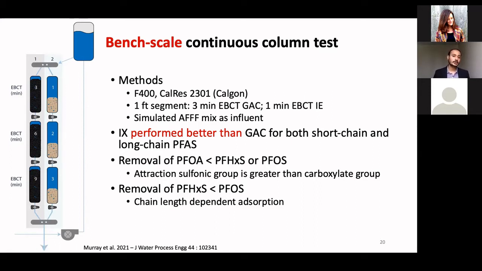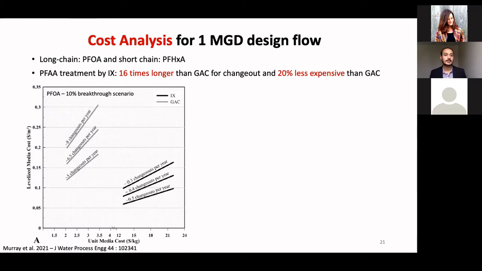And similar to the other studies, the removal of PFOA was less than PFHxS and PFOS, suggesting that the sulfonic acid had greater affinity for removal in ion exchange resin. And again, the removal of PFHxS was lower than PFOS, suggesting chain length dependent removal was also observed for ion exchange treatment of PFAS.